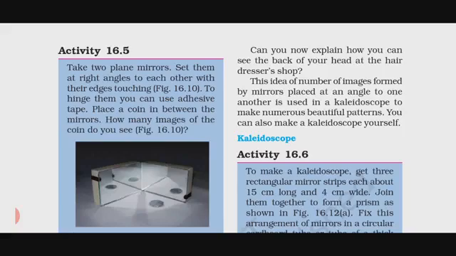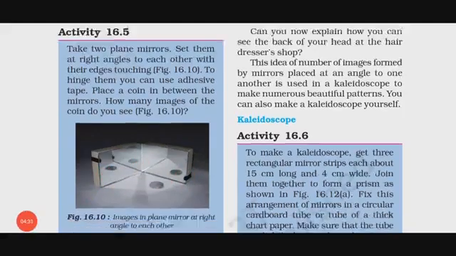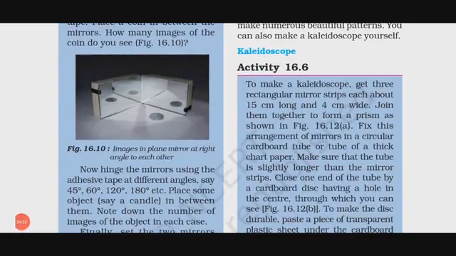As you can see here, there are three images. This is one, this is two, and this is three. This means that multiple images are formed when you place the two mirror strips at a right angle.